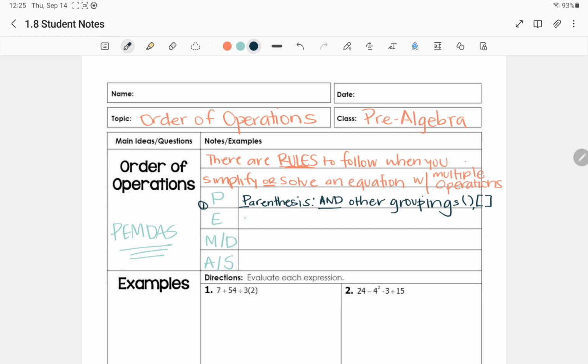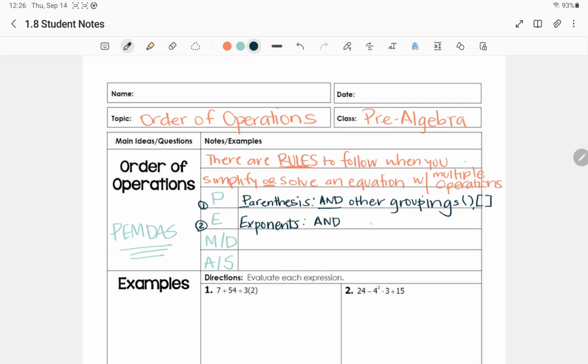Then the next step would be exponents. And we just went over exponents at length. So exponents are second. We're going to put number 2 right here. Exponents and radicals, any radicals.